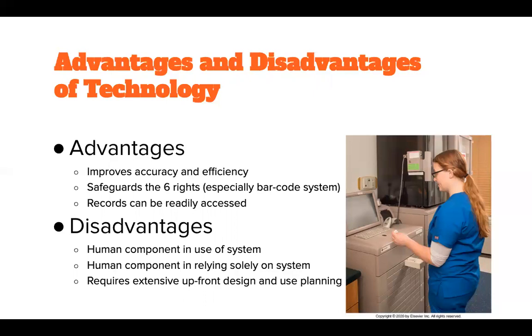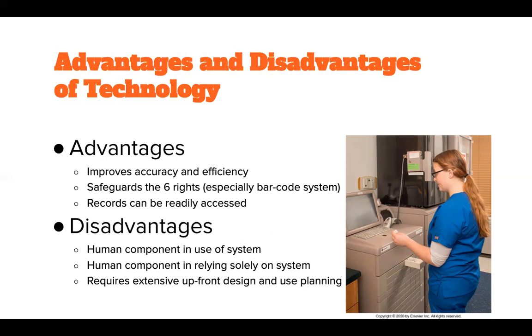We can safeguard our 9 rights. Our records can be readily accessed. We can also have unit doses, which are prepared daily by the pharmacist, where the computer controls dispensing.